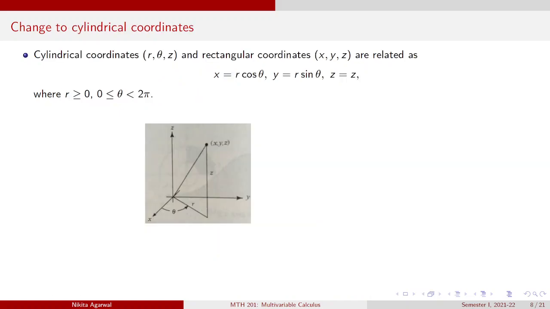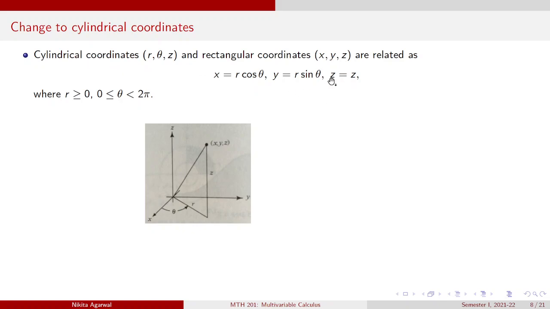So now we will come to three variables, and the first change of coordinates is called cylindrical coordinates. So what are these coordinates? They are very close to polar coordinates, and cylindrical coordinates are r, theta and z.